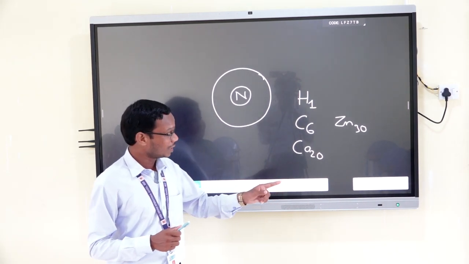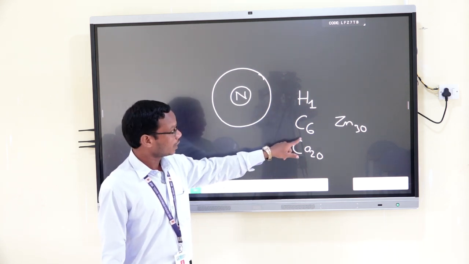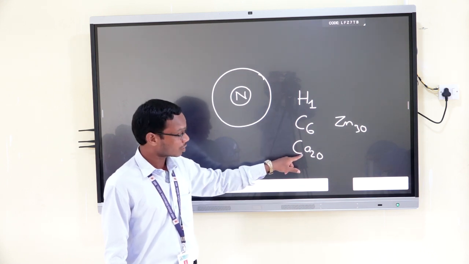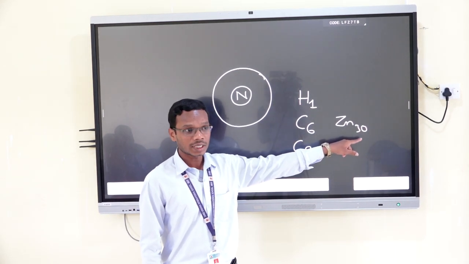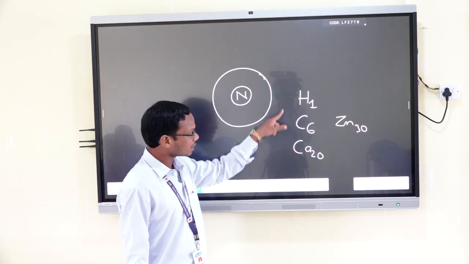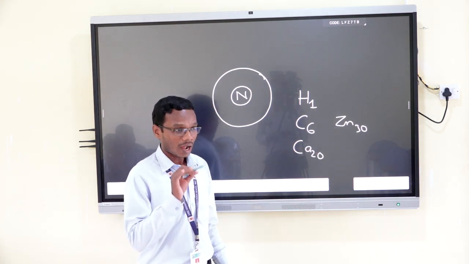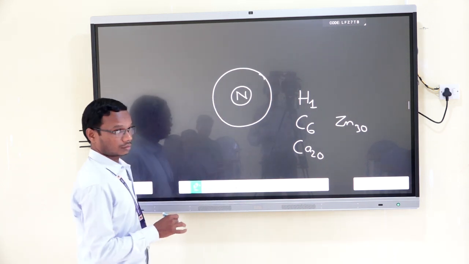So compare this with the elements. Hydrogen has 1 electron, carbon has 6 electrons, calcium has 20 electrons, zinc has 30 electrons. Obviously there is a question, is the arrangement style the same? Obviously no, it may differ. How are the electrons arranged?